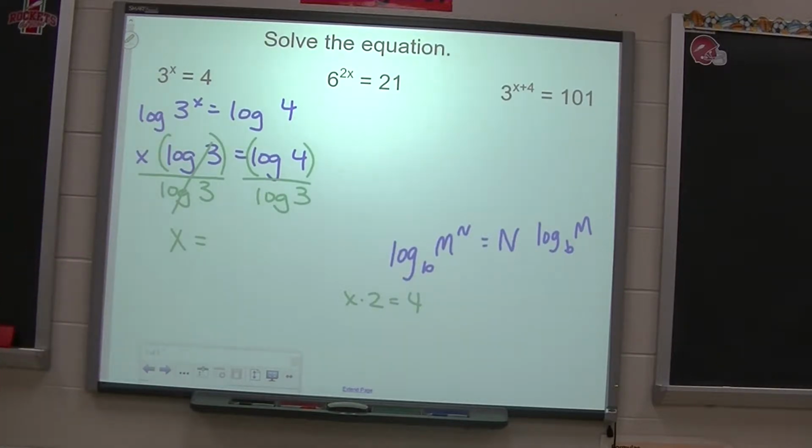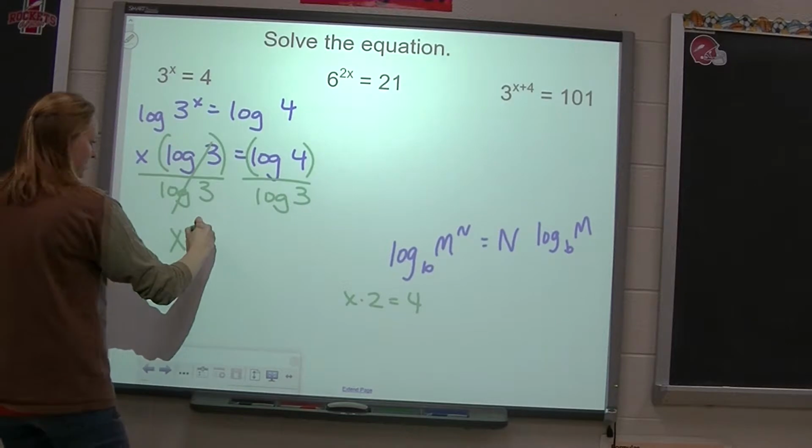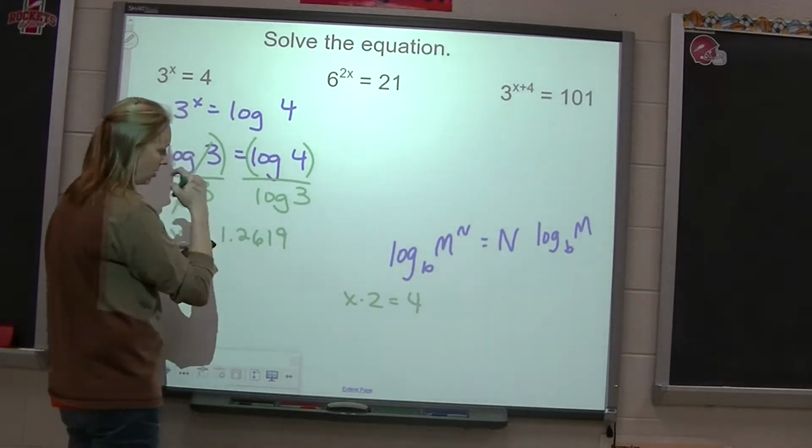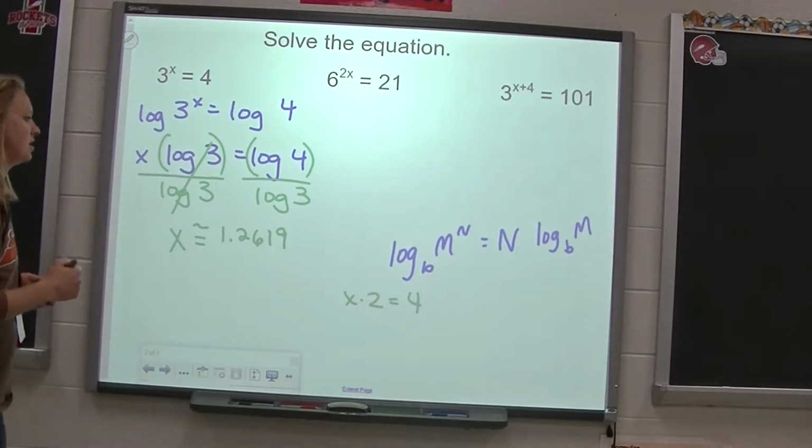Oh, I can't do it with these calculators. So I'm going to do log 4 divided by log 3, and I will get probably some crazy decimal. I do. It is about 1.2619, rounded to the nearest 10,000 place value.